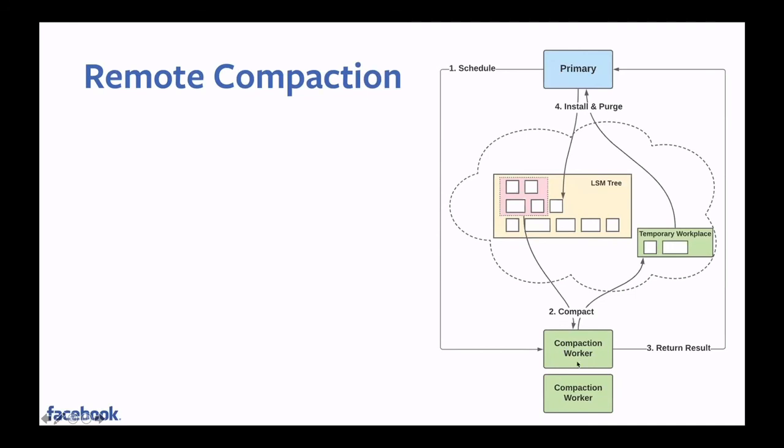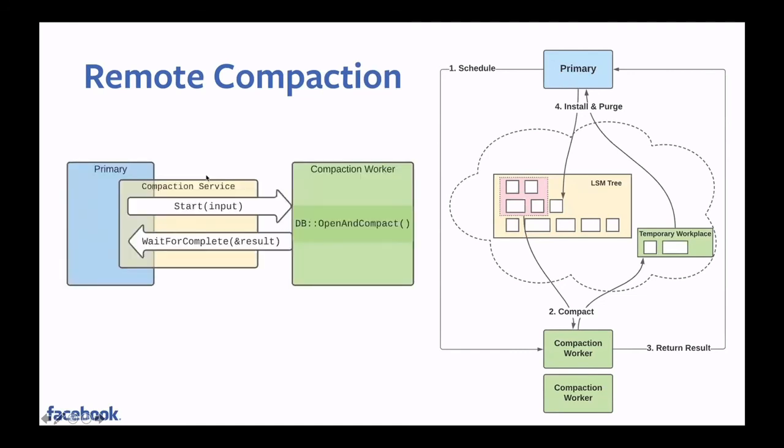Since all the SSD files are immutable, it will not influence the primary RocksDB instance performance. After the compaction is done, the result will be returned to the primary, which updates the manifest and other metadata. So this is the communication between the primary and the compaction worker.